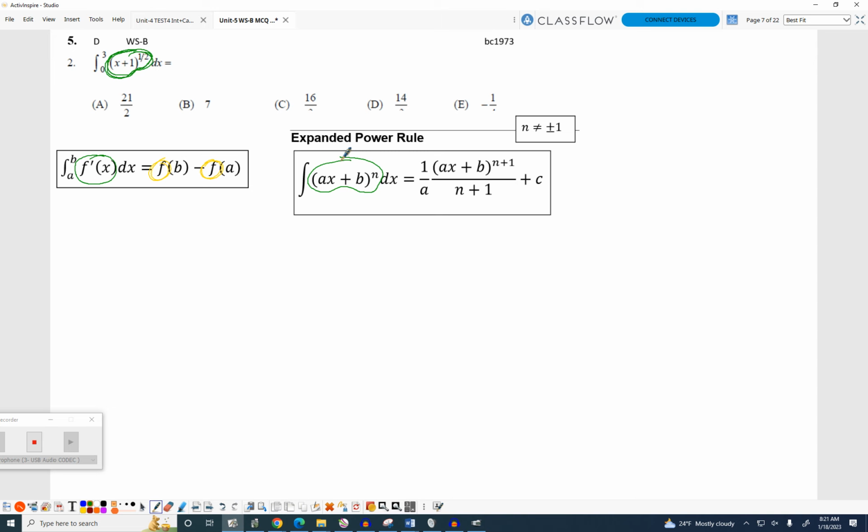B is also, and N is? Perfect. It says here that if I'm trying to find the antiderivative of something of that form, I can just write down the answer like this.